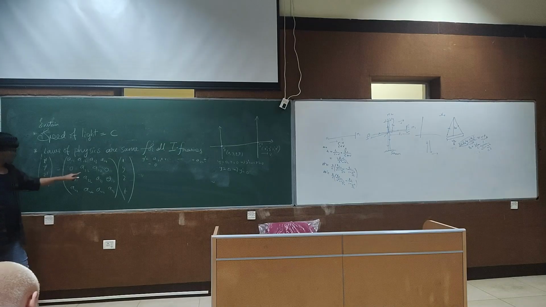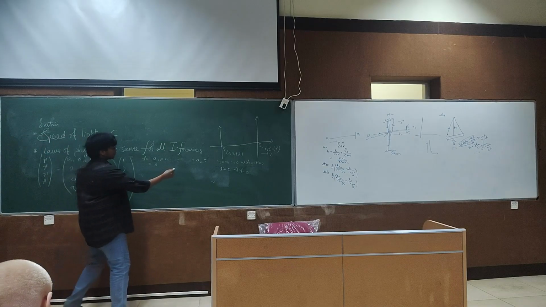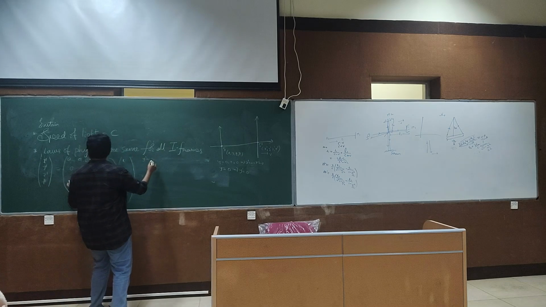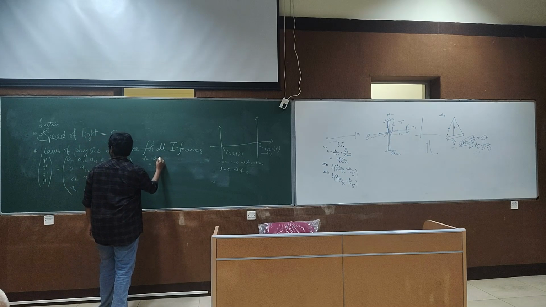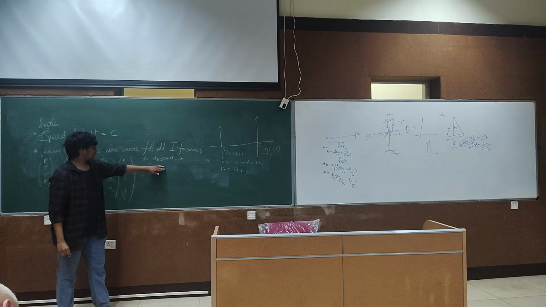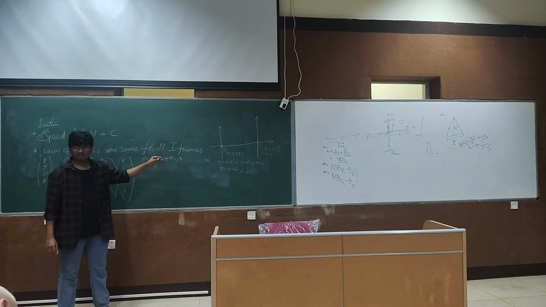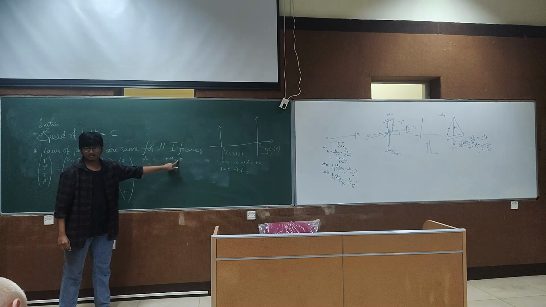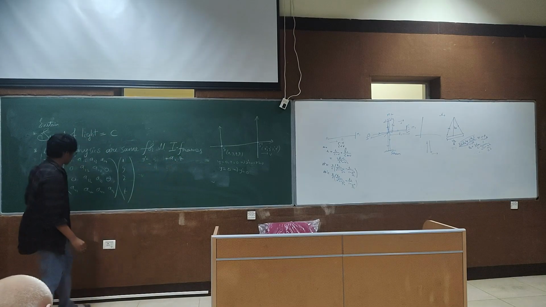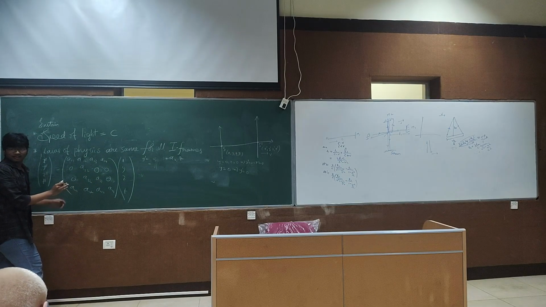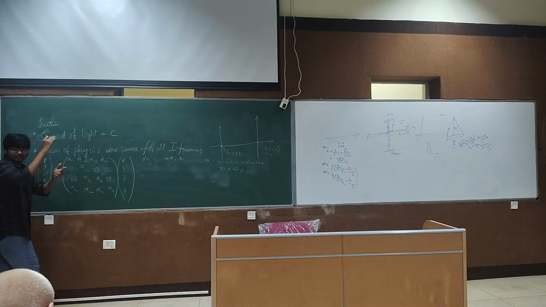So an arbitrary y prime will now be written as a22y plus a23z. y equal to 0 should imply that y prime equal to 0, right? Which means this is also 0. Got it? Similarly for the xy plane, which gives you the z condition.